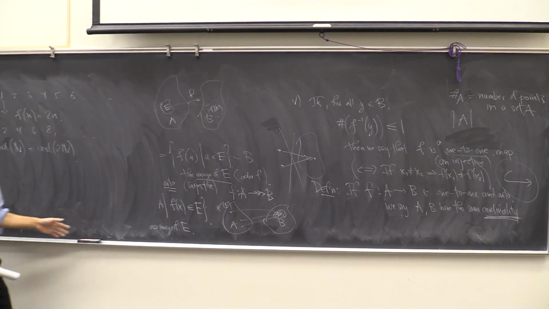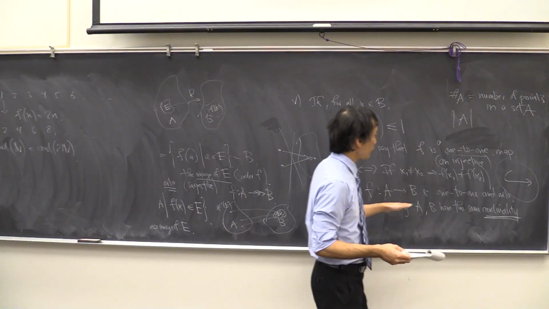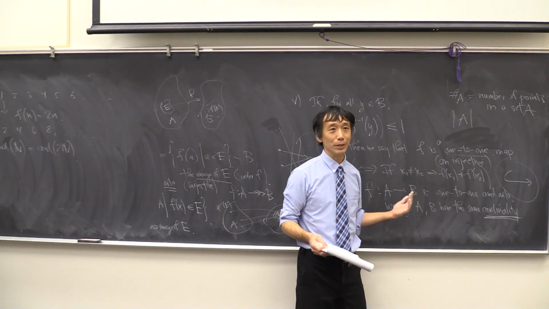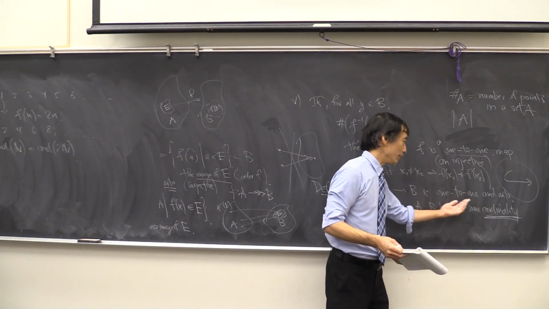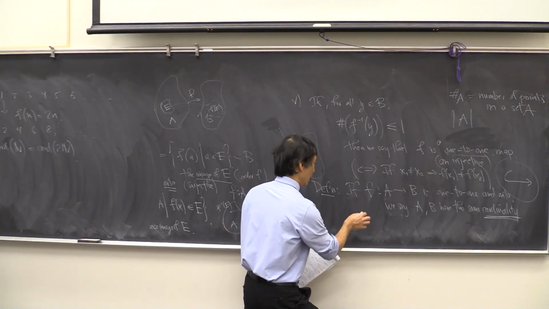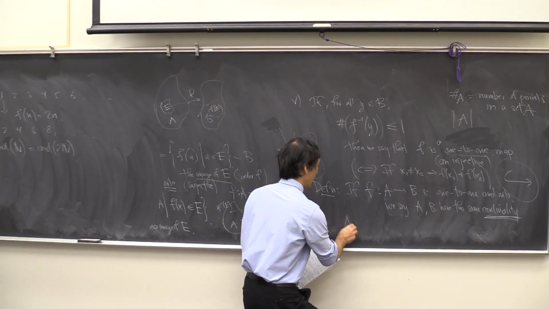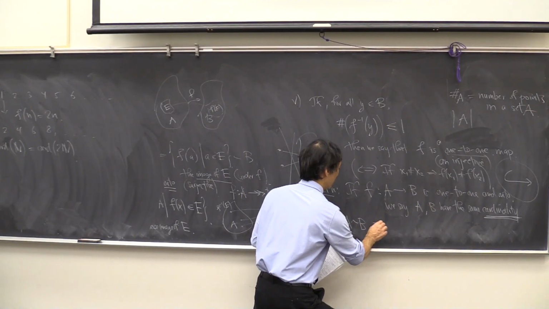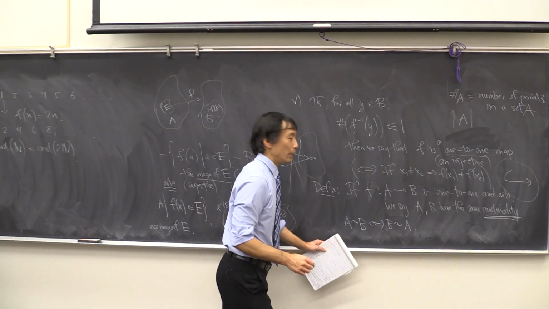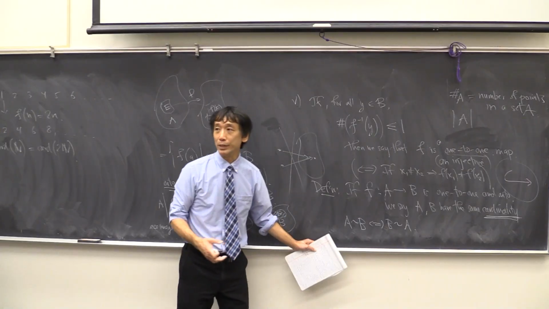Notice that if this map is one-to-one and onto, then there is an inverse map which is also one-to-one and onto. So if A has the same cardinality as B, then certainly B has the same cardinality as A. This is a so-called equivalence relation.